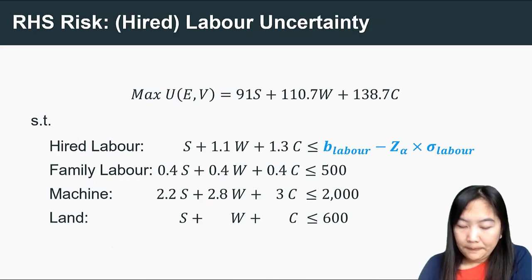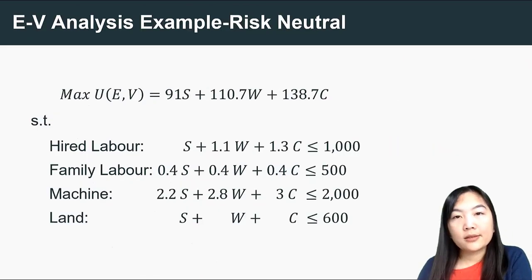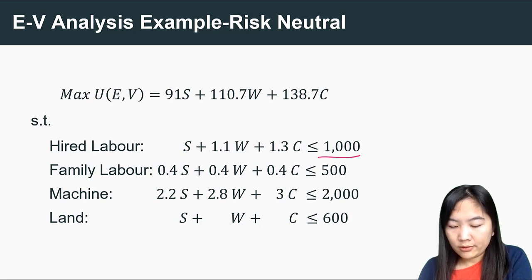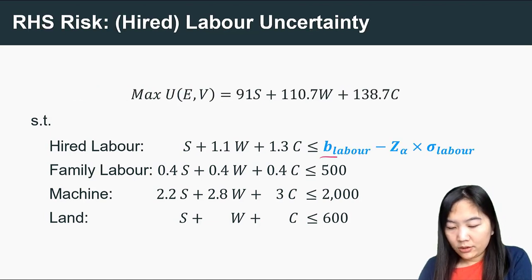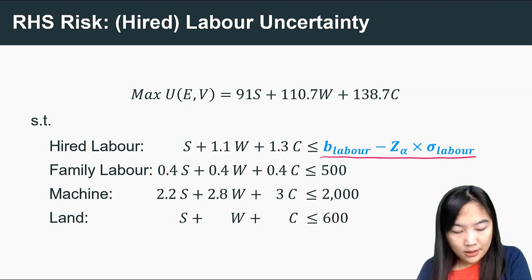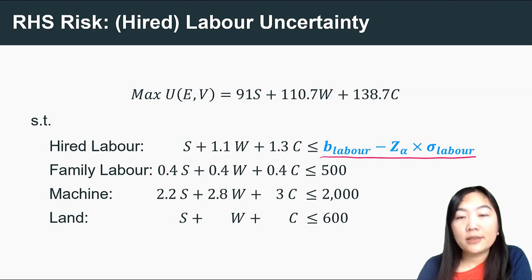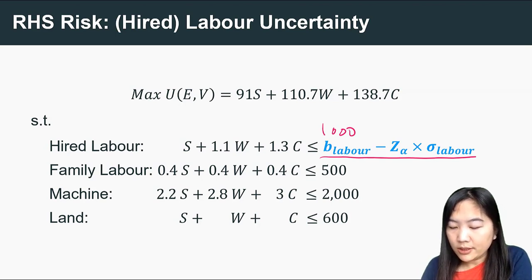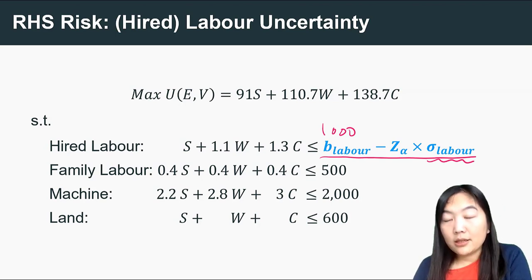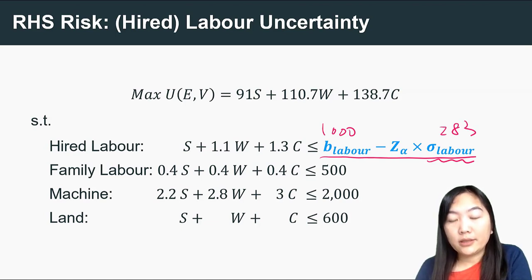So this is the risk neutral person's problem. And if there's a risk here, then we need to make changes to that constraint and replace B with B labor minus Z alpha times sigma labor. And this is 1,000. And this sigma labor, we just calculated this, 283.